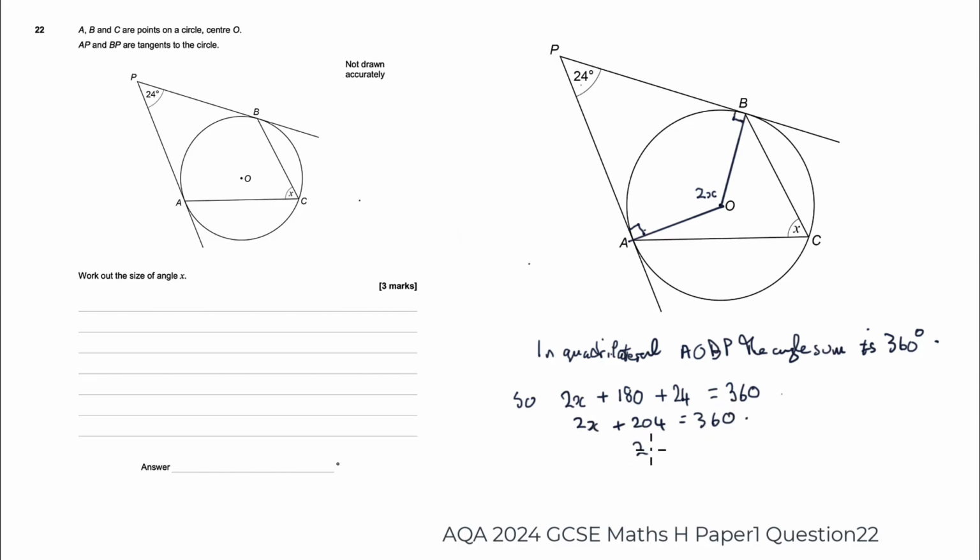That'll leave me with 2x, and 204, 200 from 300 is 100, 4 from 60 is 56. And finally, to get x, I'll half both sides. Half of 2x is 1x, a half of 150 is 75, and a half of the 6 is 3, so that'll be 78. So x is 78. So the size of this angle is 78 degrees.